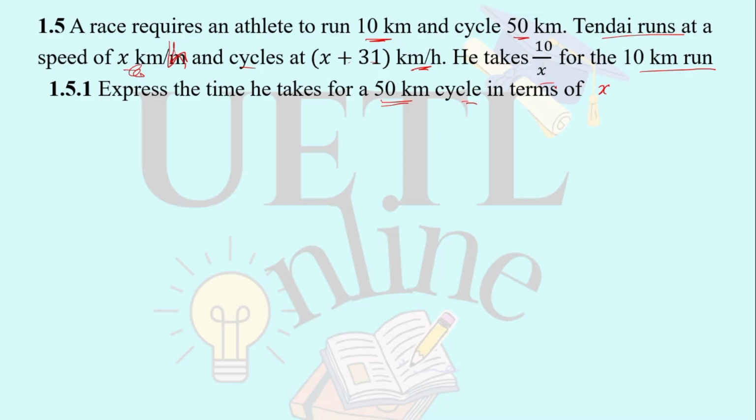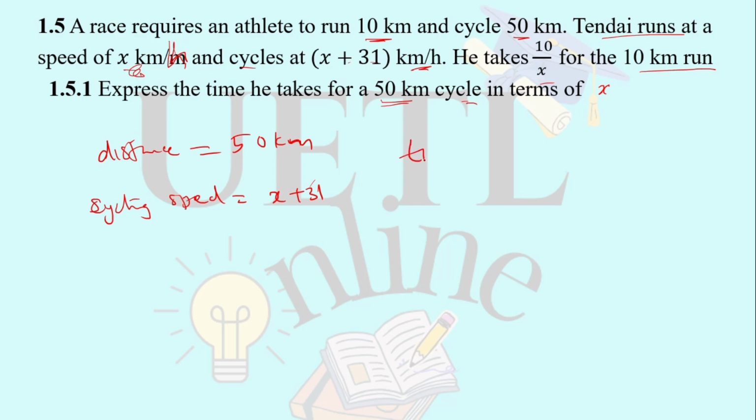So this is easy. What we're going to do is say we have our distance, which is 50 kilometers, and we have our cycling speed. Our cycling speed here is x plus 31. Now we just have to find our time.